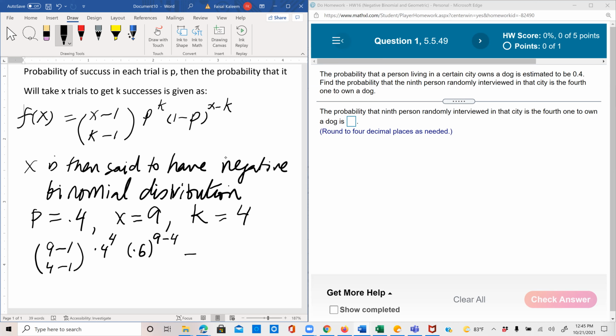Okay, so let's see, 8 combination 3, times 0.4 power 4, times 0.6 power 5, I get 0.1115.